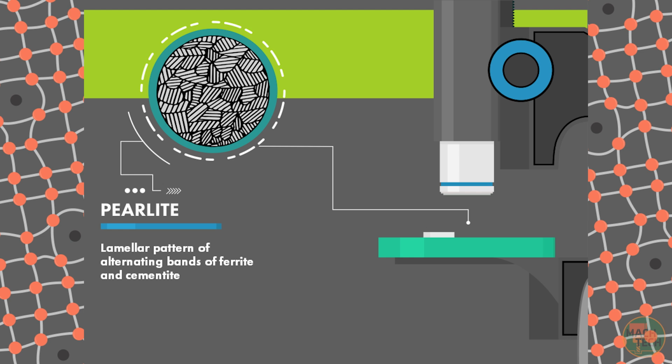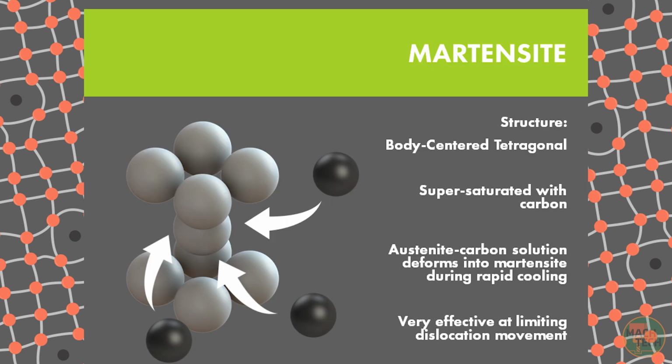Now, it should be said that ferrite and pearlite are what form from austenite when it's cooled slowly. But what happens if you cool it fast? Then you get what's called Martensite. This is essentially an oversaturated or supersaturated solution of carbon in austenite. There's not enough time for the carbon to precipitate out of solution, so it remains in the crystal lattice, heavily distorting it.